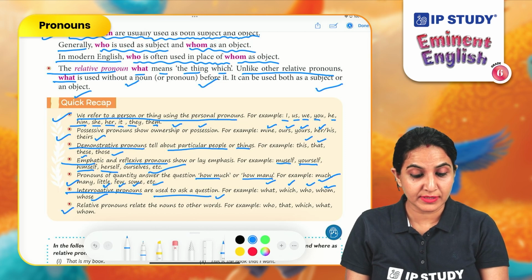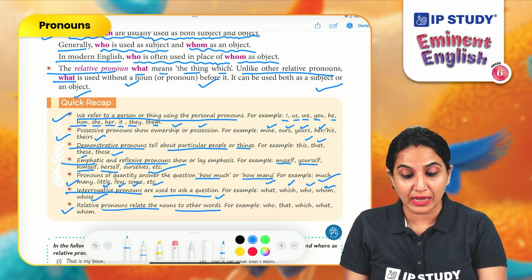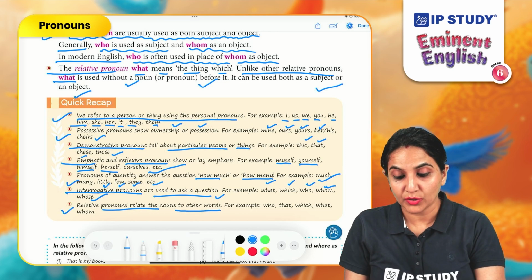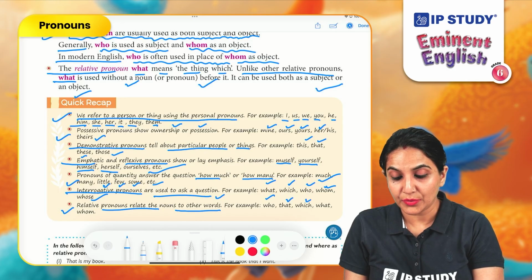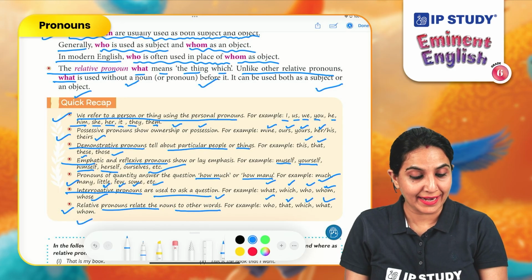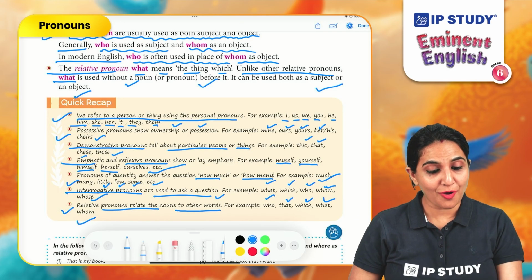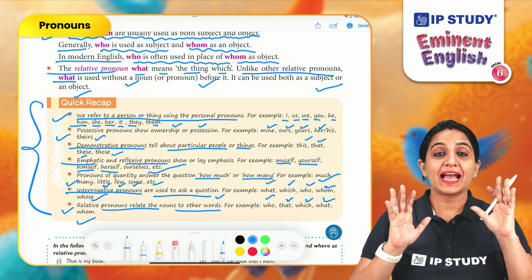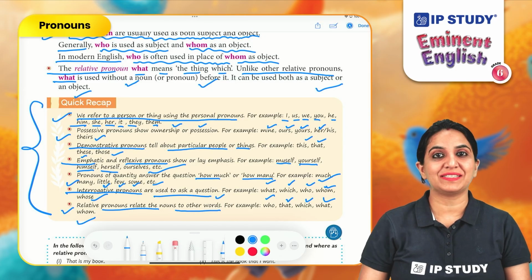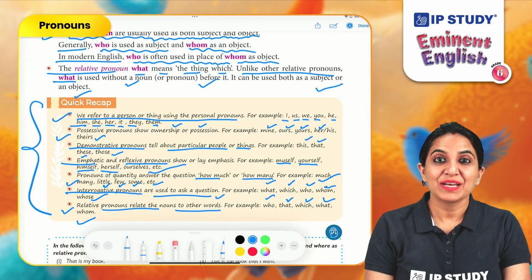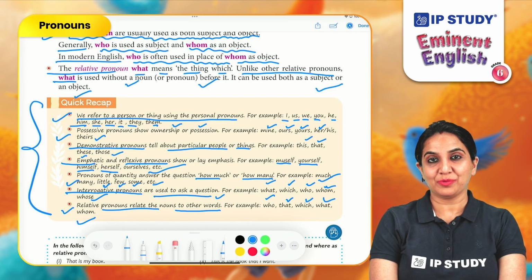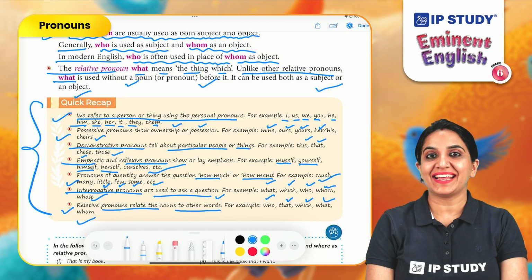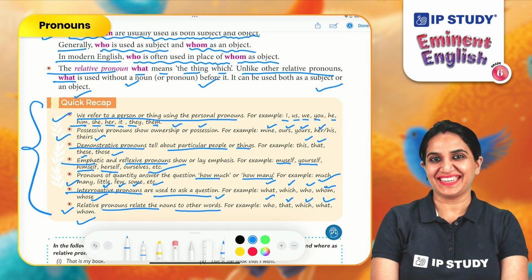Relative pronouns relate the nouns to other words, for example, who, that, which, what, and whom. So this was all about pronouns, what we have done in this lesson, and the different kinds of pronouns that we have studied. Please keep practicing pronouns as you learn, read, and write.